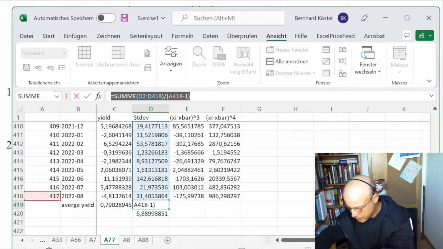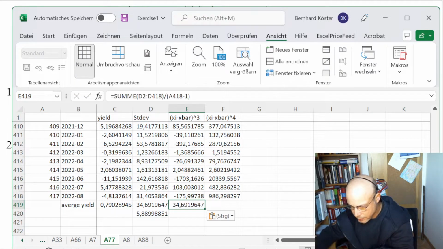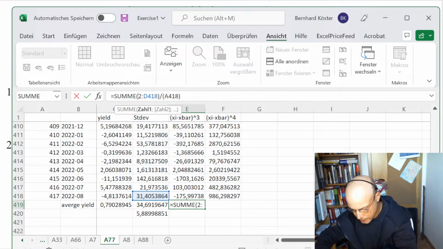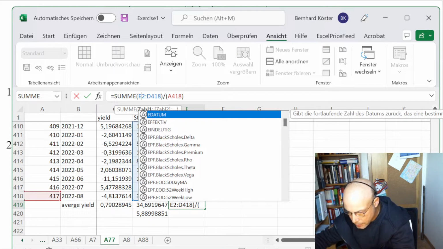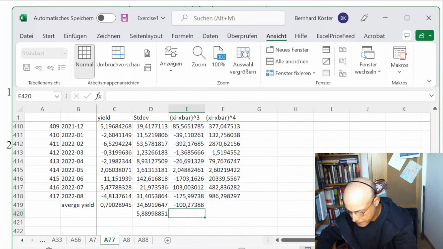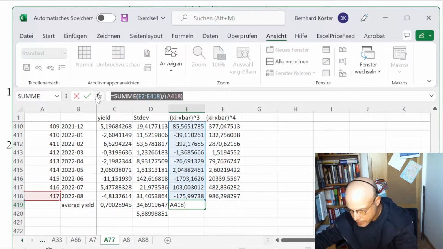So in this case, we have to change this and divide by n. And it's not d, but e that we need. And here also e. And the same with the column f.